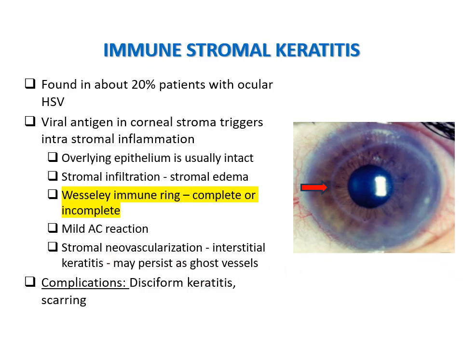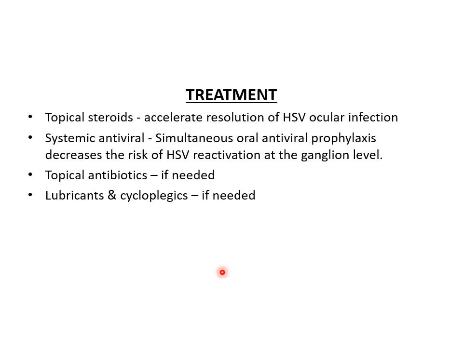Complications: it can cause disciform keratitis, that is, it can go further and involve the endothelium, or it can cause scarring. So treatment, again, the mainstay of treatment is topical steroids, because after all, it is an immune mediated inflammation. So it will respond to steroids. Topical, maybe systemic. Systemic antiviral, simultaneous oral antiviral prophylaxis is recommended.